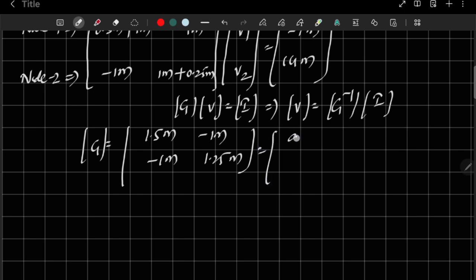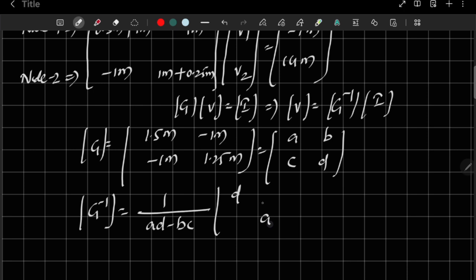It is in the form of A, B, C, D. So G inverse is given by 1 by the determinant, AD minus BC, times the matrix D, minus B, minus C, A. What is A? 1.5 milli. What is D? 1.25 milli. What is B? Minus 1 milli. What is C? Minus 1 milli.